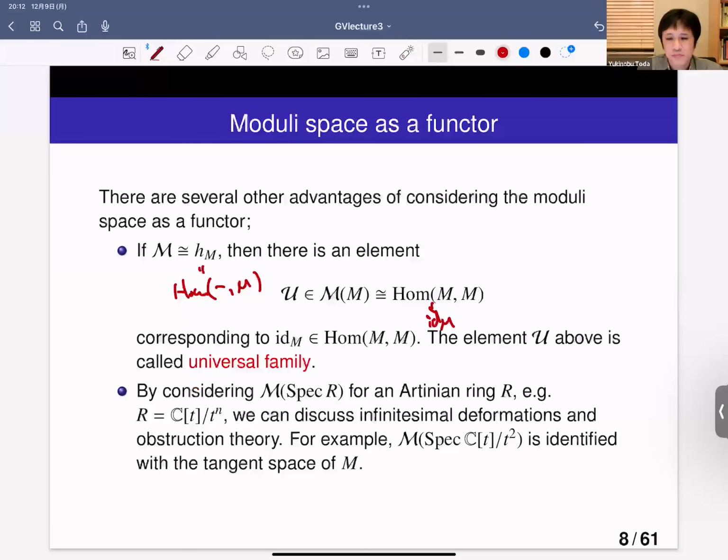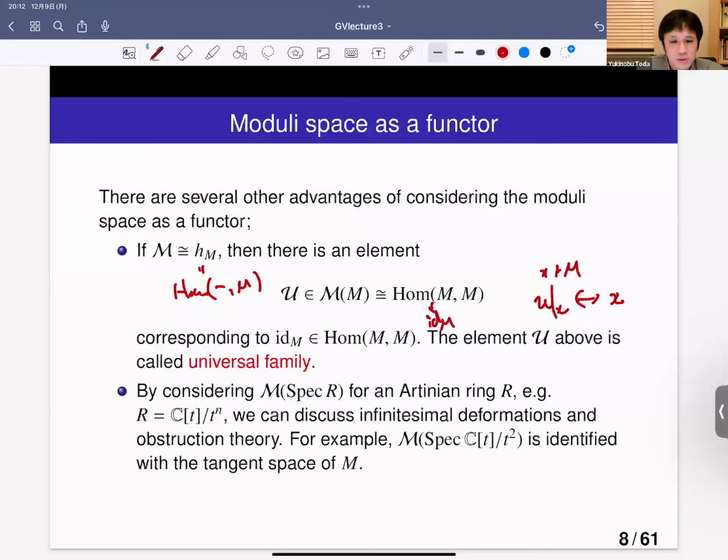This element is a family parameterized over the moduli space, and it is called the universal family. That is, for each point x in M, its restriction to that point is the object corresponding to x. That is, for each x in M, if you take U over x, then this is the corresponding object X.